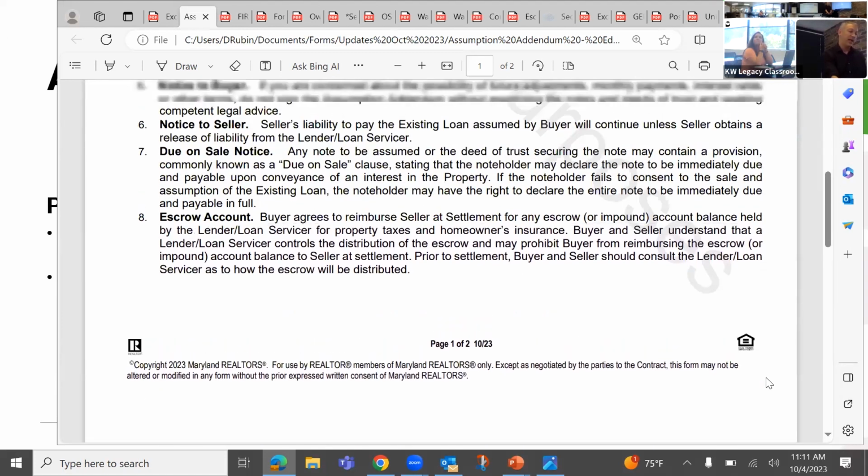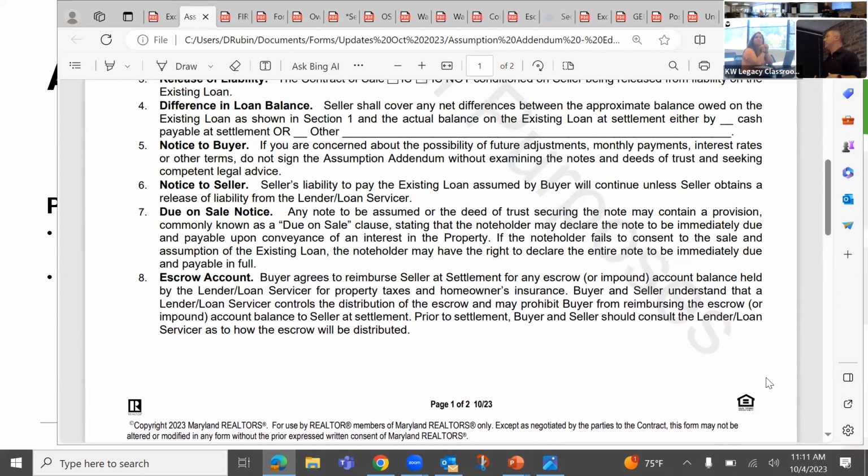So again, this is really more of a proposal. Hey, I'd really like to assume this. Then the seller needs to go to the lender. The lender needs to decide whether or not it's assumable at all. They need to decide if the buyer is qualified for the assumption.